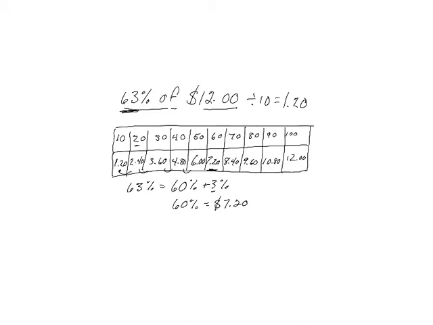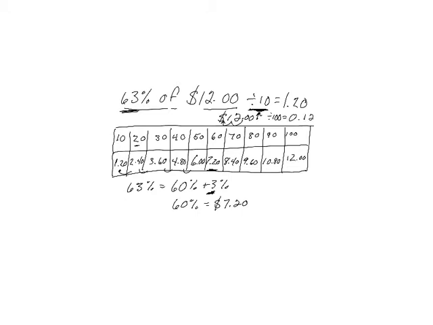Well, if you're looking up here, to get 10% of $12, we divided by 10. Okay, now in order to work out the 1% here, we need to divide the $12 not by 10 but by 100. Okay, and that simply moves the decimal. I'll write it down here so it doesn't get too messy. $12 divided by 100, that simply moves the decimal 2 columns over.